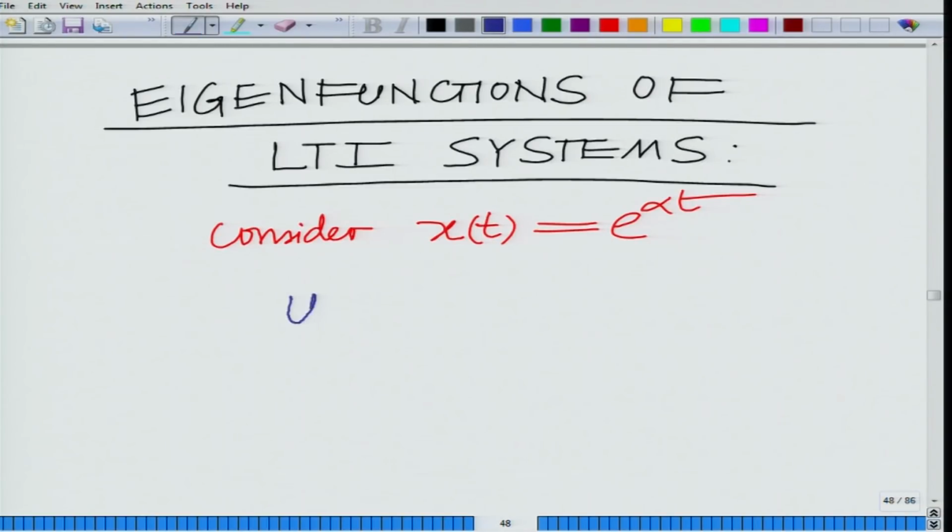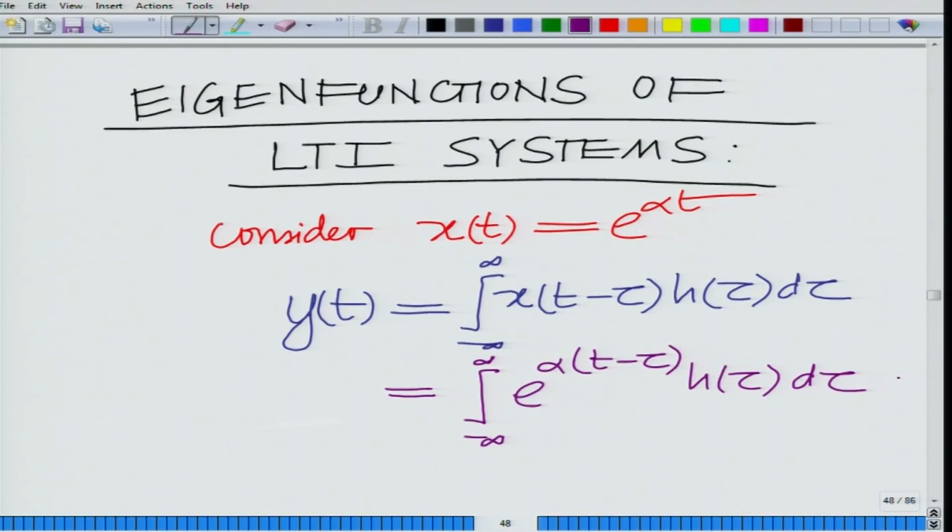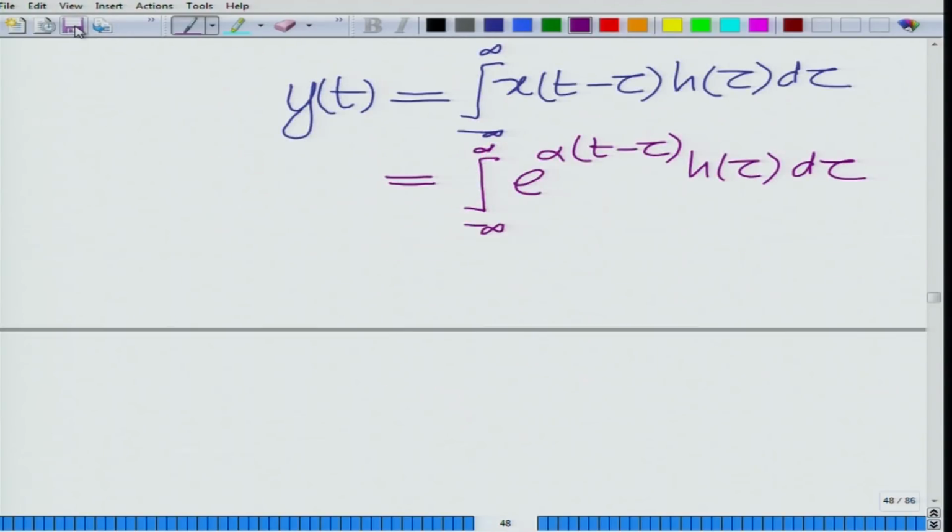Now, for an LTI system, we know the output y of t, in terms of the impulse response, for any arbitrary input signal x of t is given as the integral of x of t minus tau times h of tau d tau. Now, I am going to substitute the expression e power alpha t for x of t. So, this gives the integral of e power alpha times t minus tau, h of tau d tau, which you can simplify. Remember, e power alpha t is a constant that does not depend on the integration variable tau, so that will come outside.